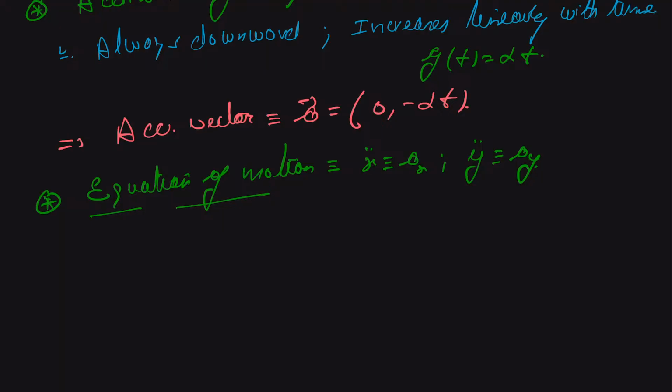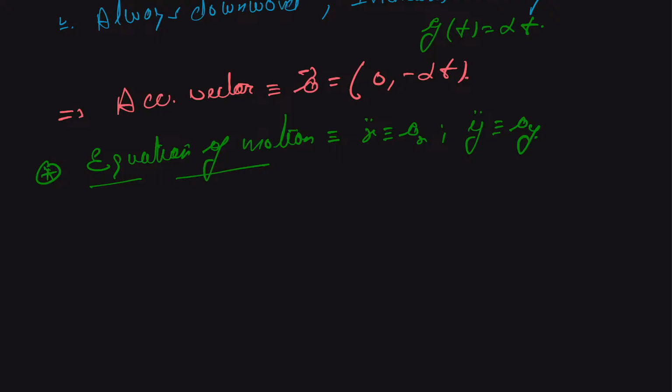So let us consider our horizontal motion first. The gravity acts only vertically, therefore we can say that the horizontal acceleration is equal to 0, or the double derivative of x is equal to 0.